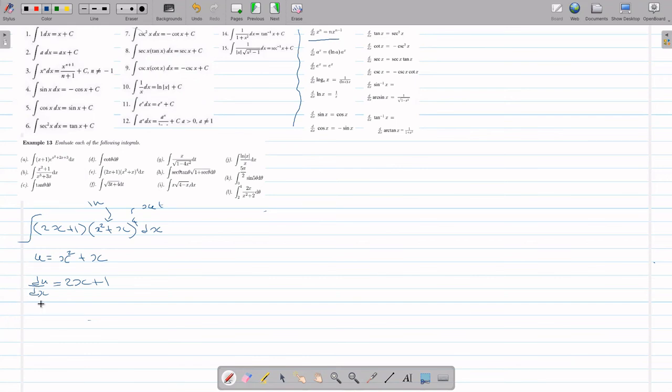Okay. So here the inside function and its derivative are present. See, 2x plus 1. I will do it in one step this time: 2x plus 1 to this side and dx to the other side.